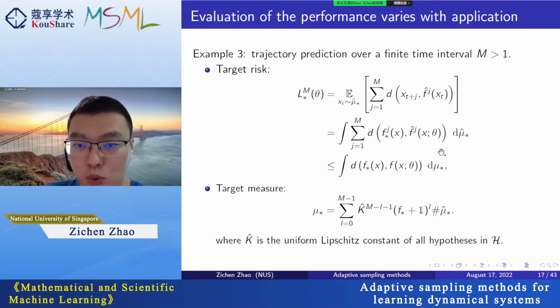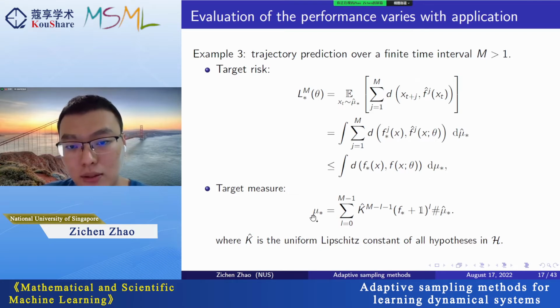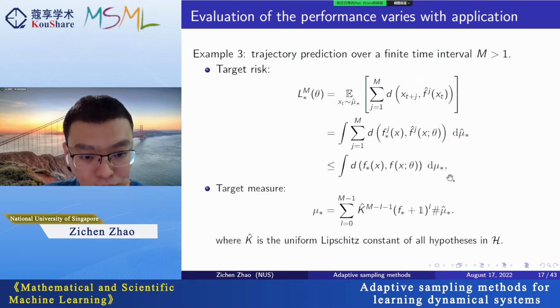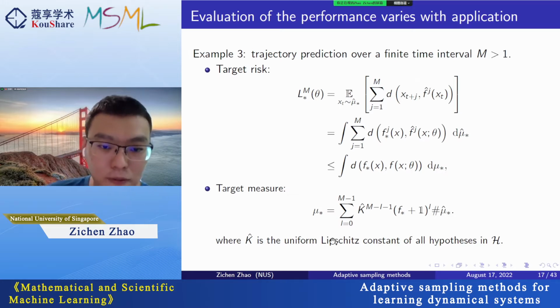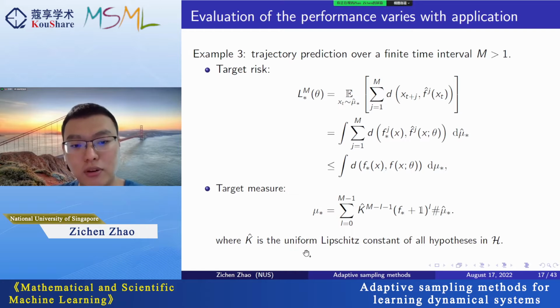But once we select some proper mu star, we can also control the multi-step target risk by the previous risk form. Here K hat is the uniform Lipschitz constant of all hypotheses in the hypothesis space H.